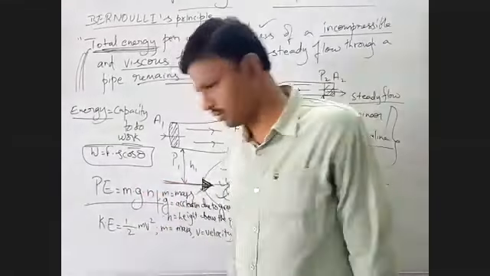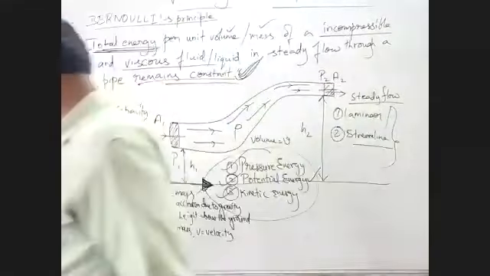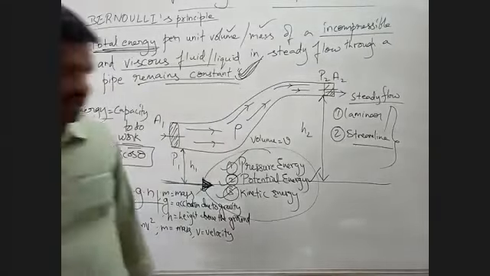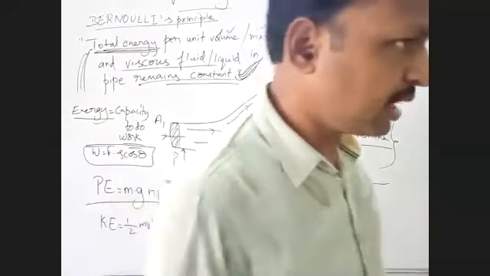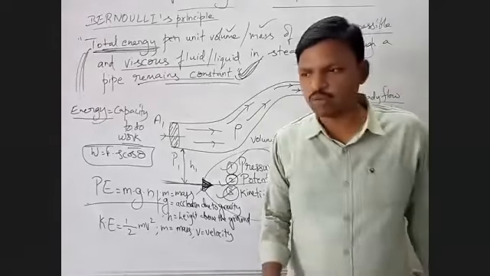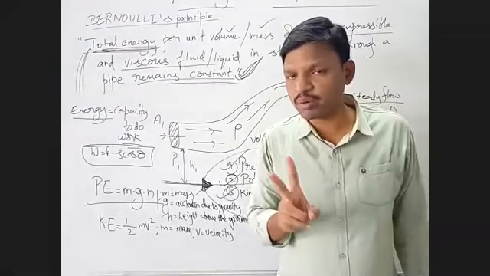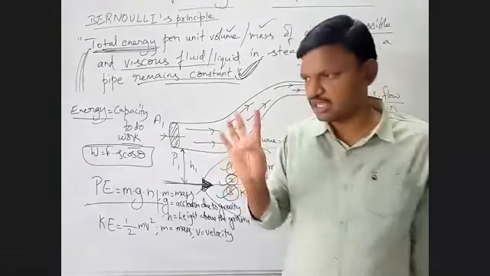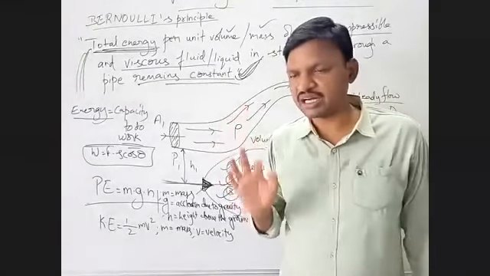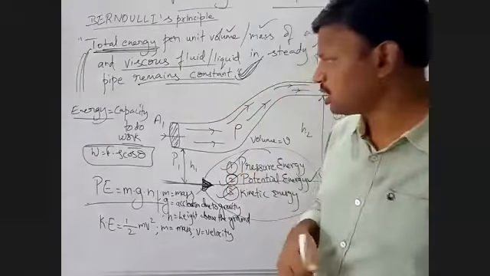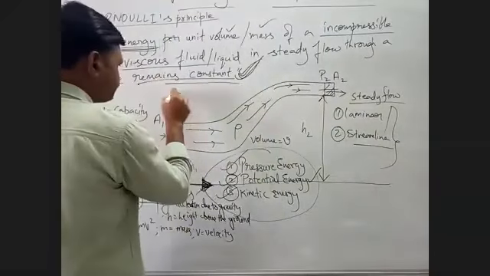Then coming to the concept of kinetic energy. Objects which are in motion possess two physical properties: one is kinetic energy, another is momentum. Already you have come across the concept of momentum.